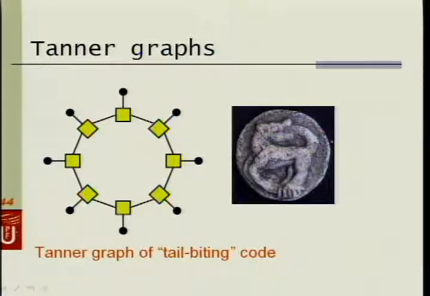We may discover that the number of states in the tail-biting version of the code might be much smaller than the original version, the square root of the original version typically. So if we can use a tail-biting version of a code, that could be a considerable simplification in terms of the decoding complexity.